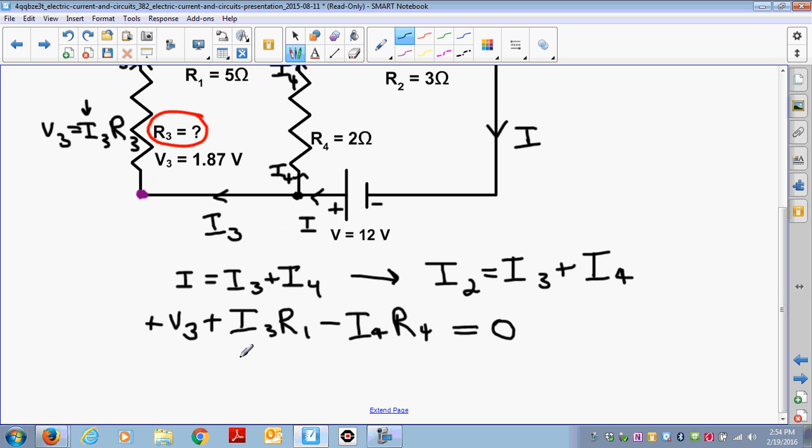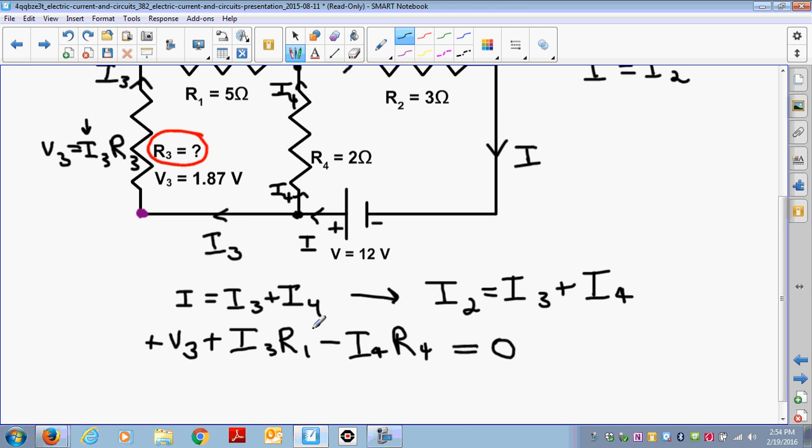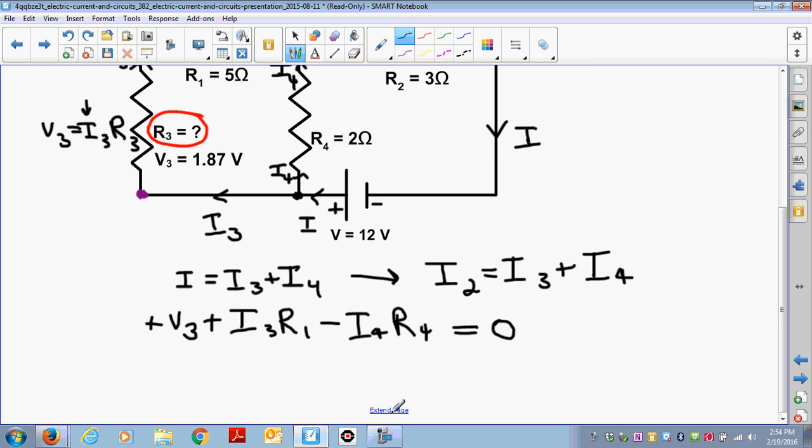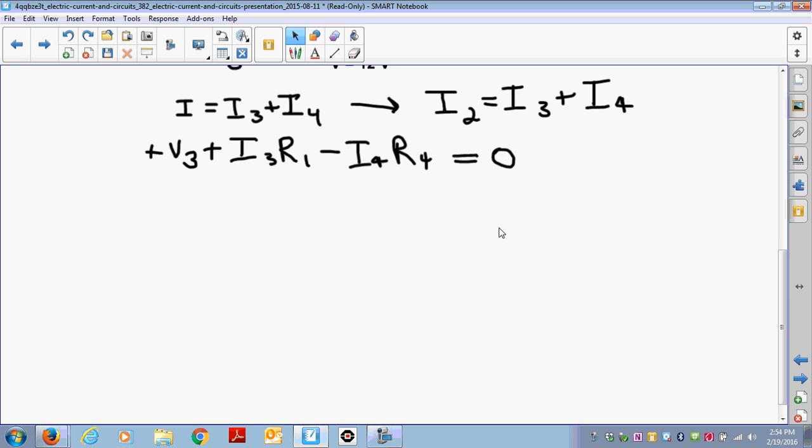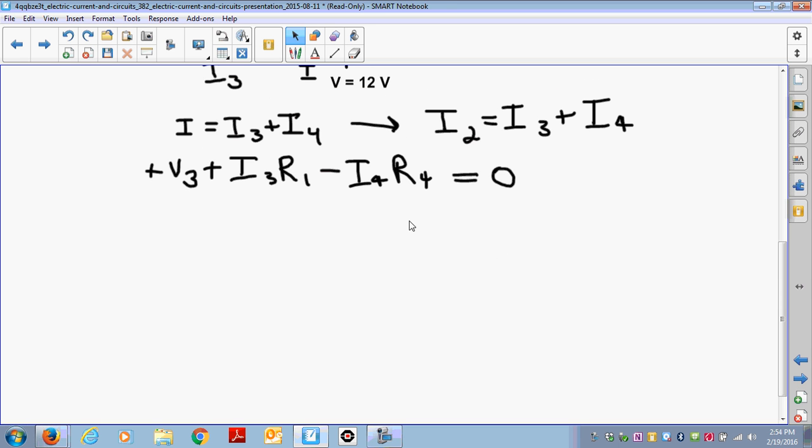That's my unknown. I know this value. I know R1. I don't know R4. So I have 2 unknowns here. Well, guess what? I have the same 2 unknowns here. So I have 2 equations, 2 unknowns. So that means I can either do substitution or elimination. So let's go ahead and do substitution.